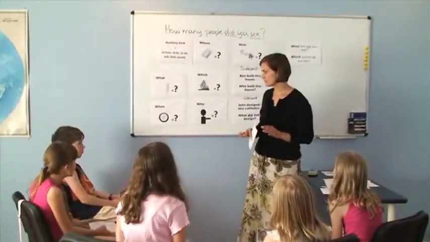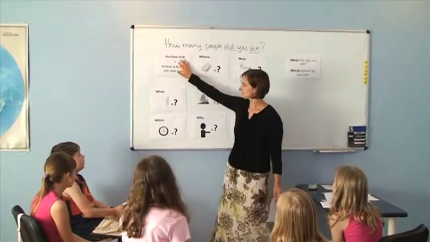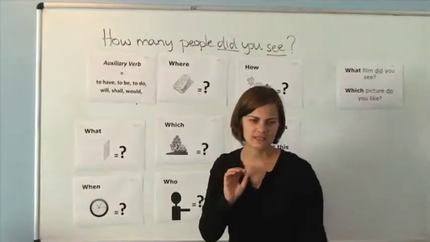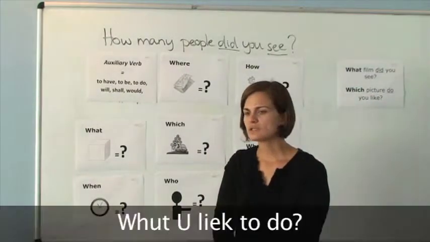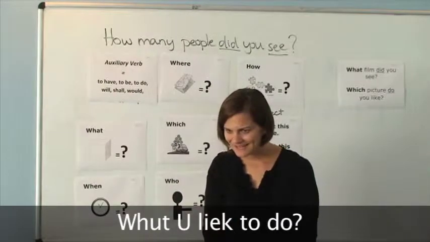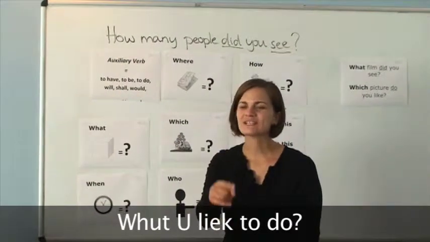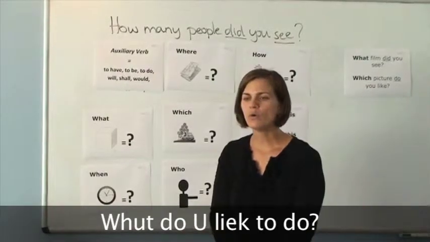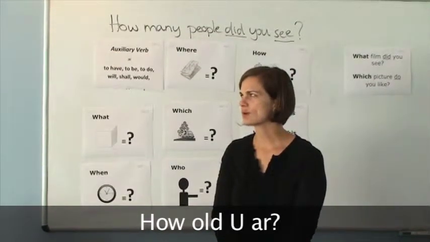One of the things that we need to remember is using these auxiliary verbs, right? So listen to my question. What you like to do? What's missing? What do you like to do? Okay? How old you are? What's wrong with that one?